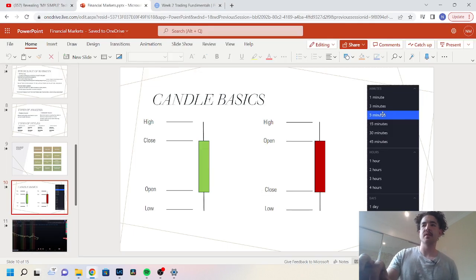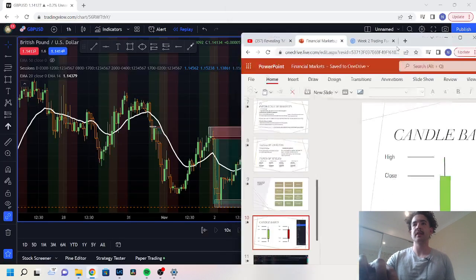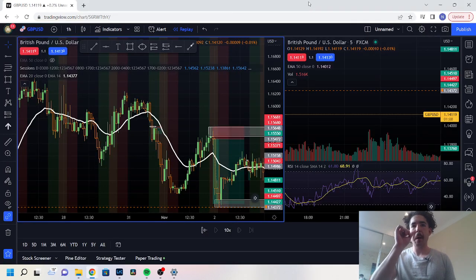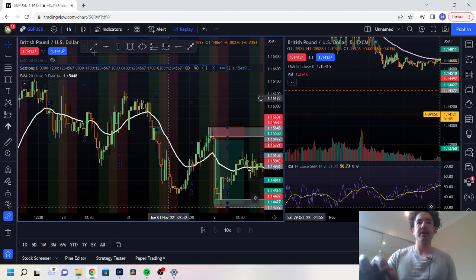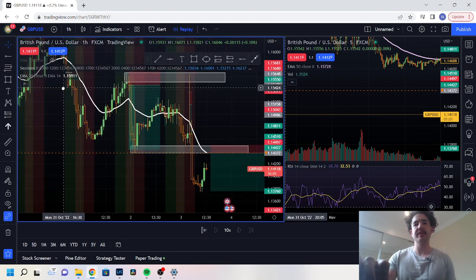Whether it's the 1 minute, 3 minute, 5 minute, the hourly, the daily, the monthly, each candlestick represents that one time frame you are looking at. So we'll jump on that chart once again. Right here I am on the hourly, so each candlestick represents an hour.